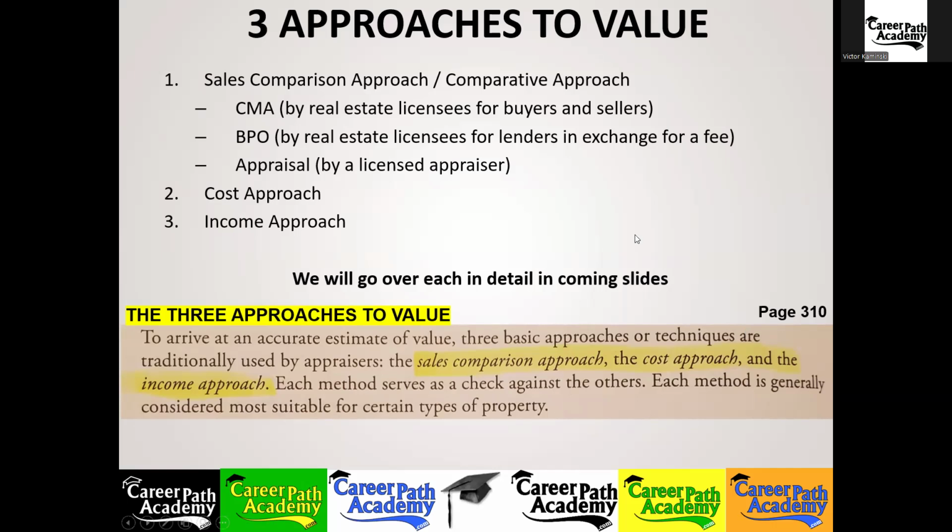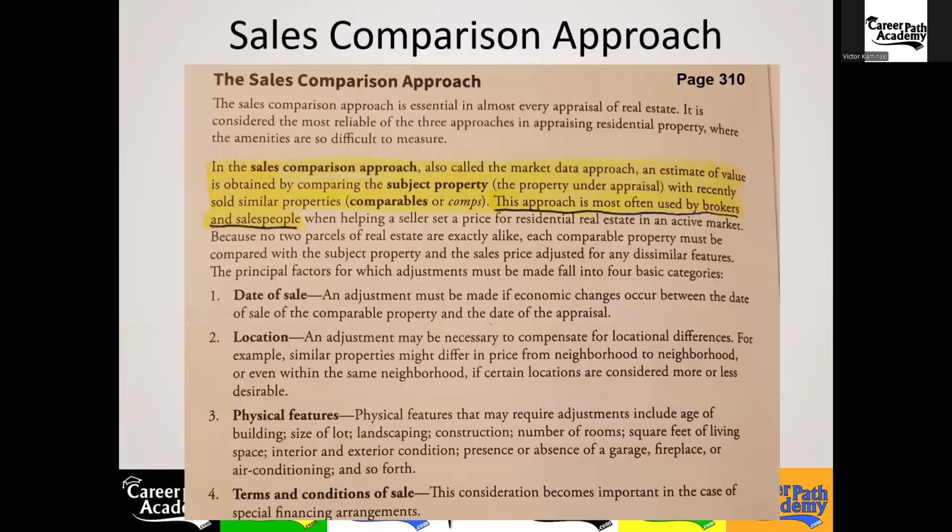Okay, everybody got that? So the sales comparison approach, also called the market data approach, is an estimate of value that's obtained by comparing the subject property to the property that's under appraisal, with recently sold similar properties, which we call comparables or comps for short.